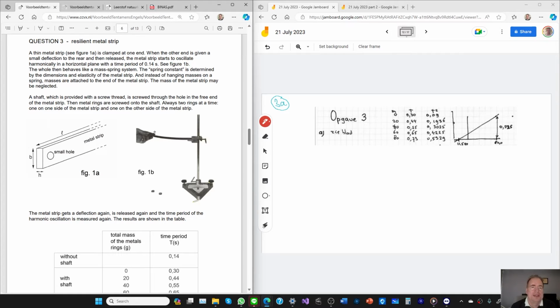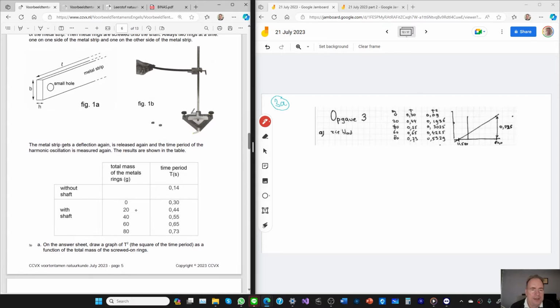So they also say that can be done with this case. Although here it's not a spring, but it's the stiffness, this bending of the strip, that causes a restoring force.